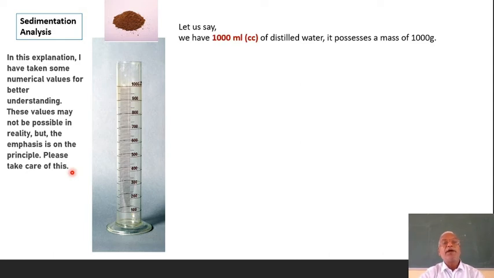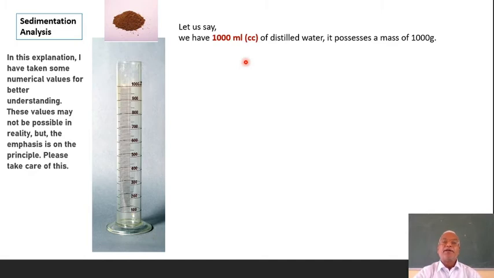So let us say we have 1000 ml or 1000 cc of distilled water. Here I have a jar of 1000 ml. It possesses a mass of 1000 grams. Obviously the distilled water has a density of 1 gram per cc, that is 1000 gram per 1000 cc. So 1 liter of distilled water should weigh 1 kg, right?